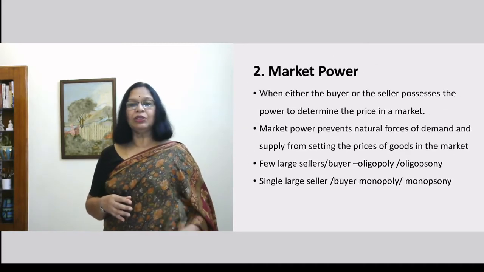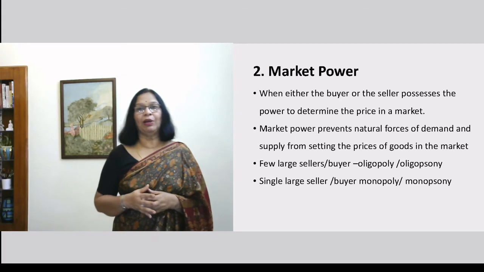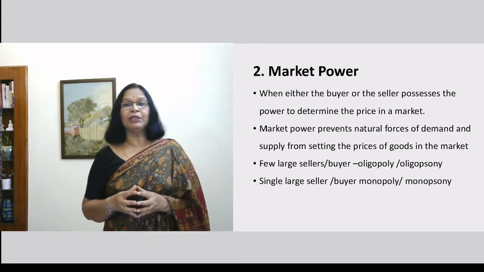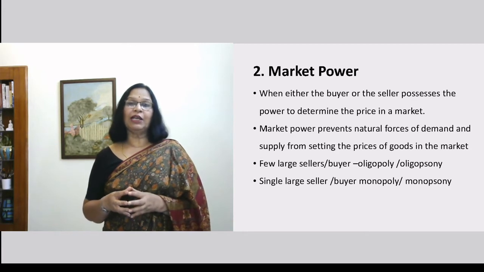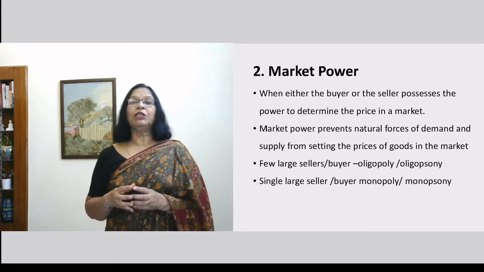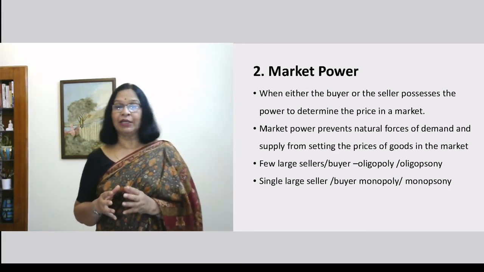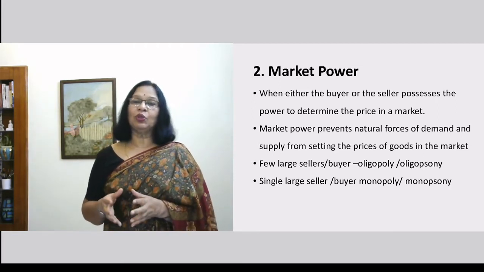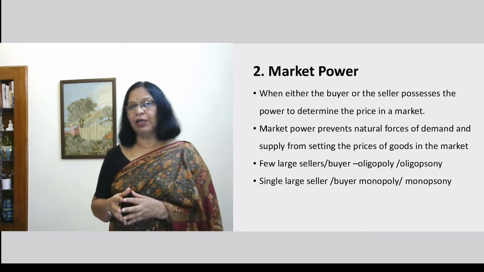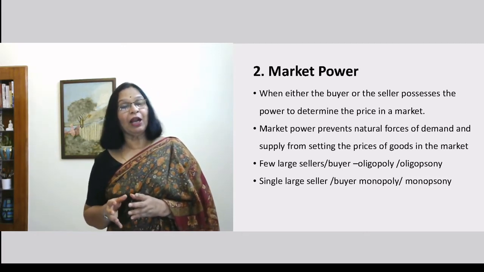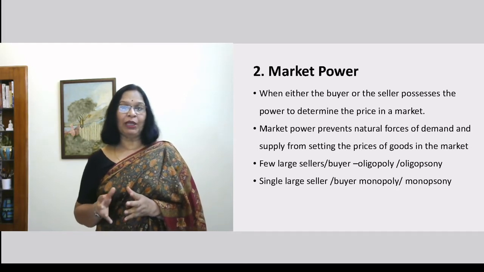Now, there is another situation of market power. When market power is strong, it means either the buyer or the seller possesses the power to determine the price. Now, we assume that the buyer and the seller are price takers, but we also know the reality of imperfect markets, and we know that the producer and the seller may acquire power in the process of being in the market.